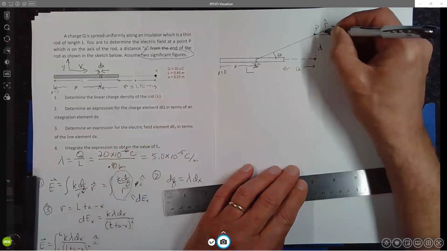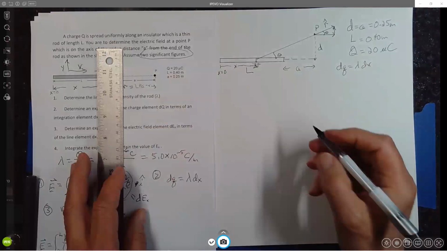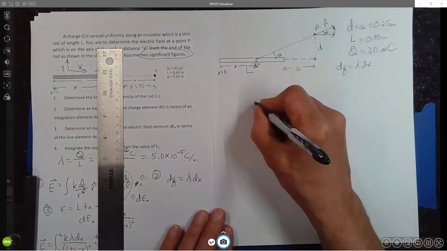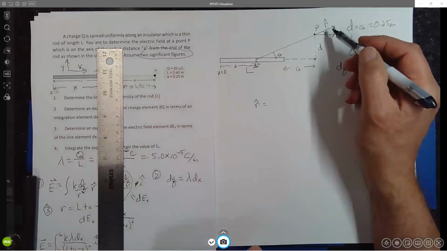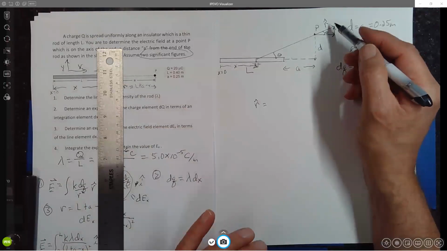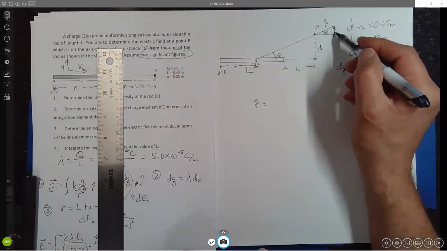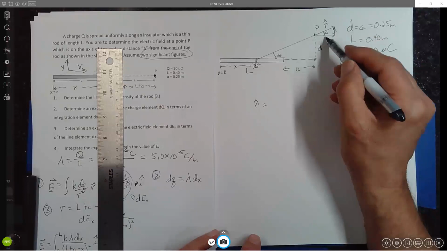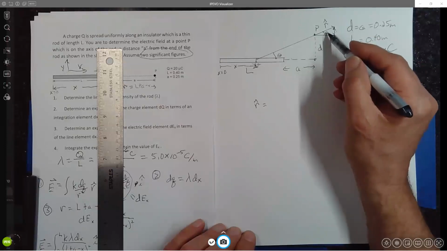I can split that r hat into a couple of components. Remember r hat is a unit vector, so its hypotenuse is 1, and this side divided by the hypotenuse, which means this side divided by 1, will equal the sine of theta, and this side divided by the hypotenuse, and again the hypotenuse is 1, will equal the cosine of theta.